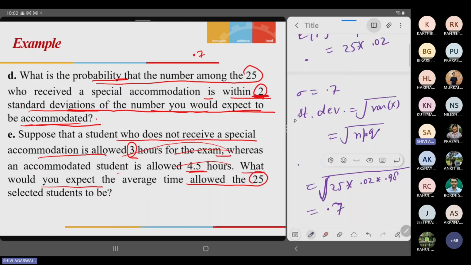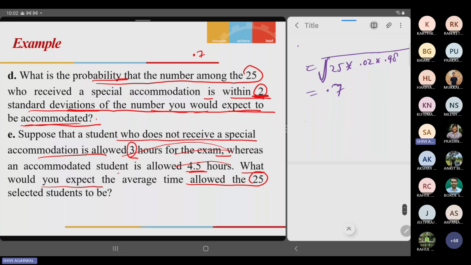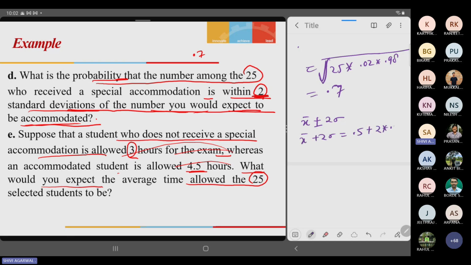So now we have to just use here within the standard deviation. So it is x bar, that is the mean, plus minus 2 sigma. So x bar plus 2 sigma: x bar is 0.5 plus 2 multiplied by 0.7, so it is 0.5 plus 1.4, so it is 1.9. X bar minus 2 sigma is 0.5 minus 1.4, so it is minus 0.9. Minus 0.9 is not possible for x value.